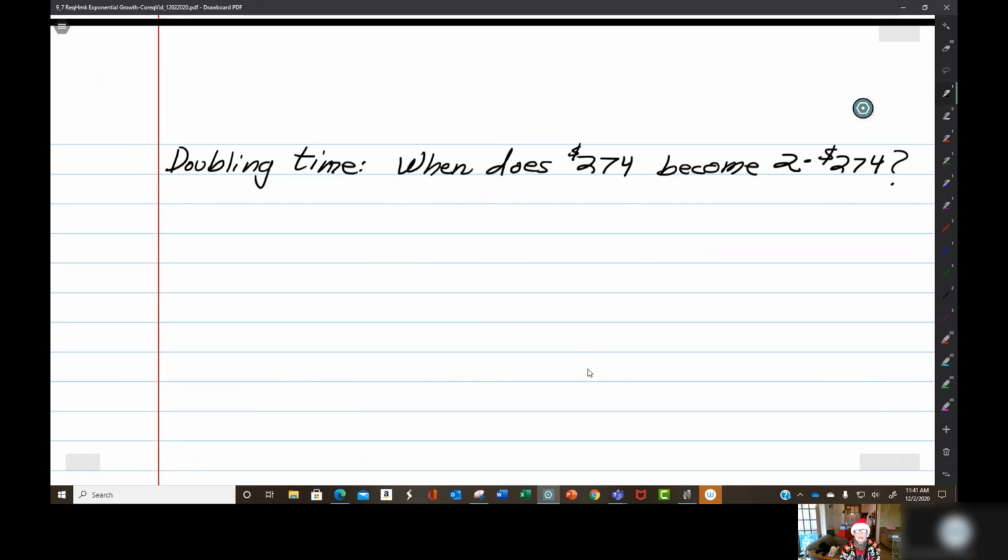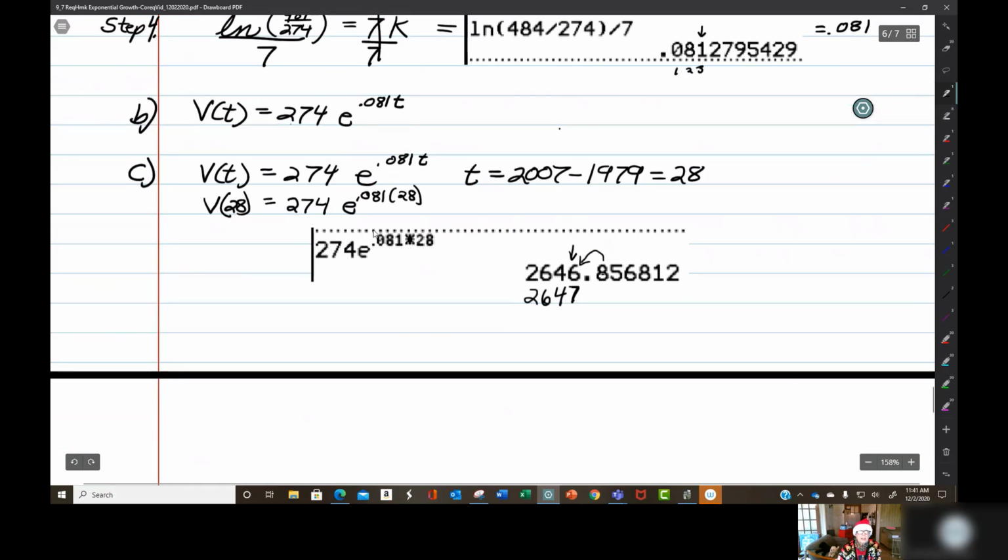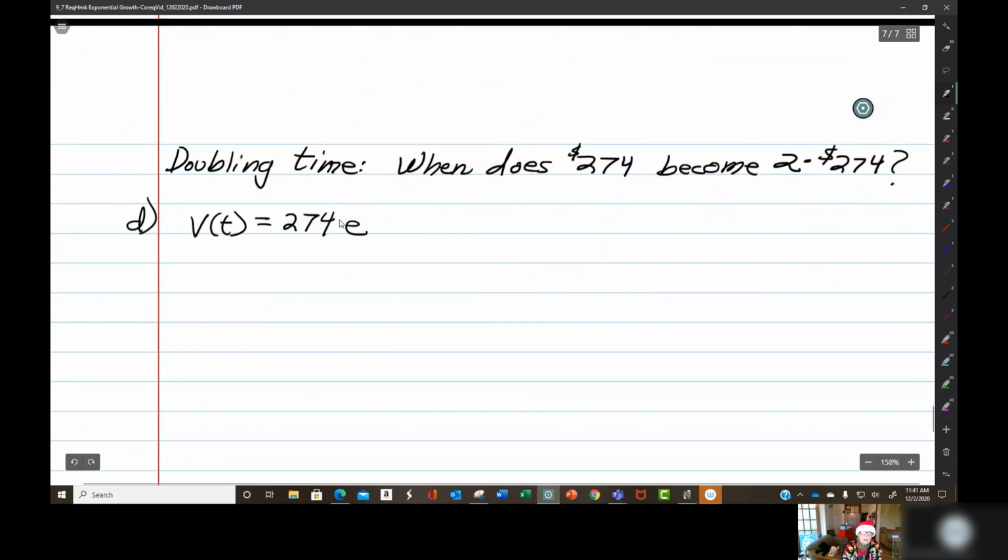Oh no, let's find out. Here's our formula. Oh, and we're in D now. Here's our formula, V of t, the value at some other time, equals the original value, 274, times e to the 0.081 t. Well, that value at a later time is going to be 2 times 274.